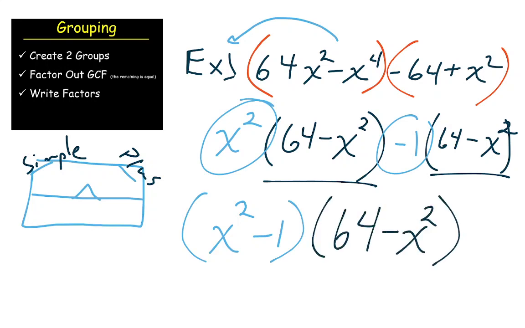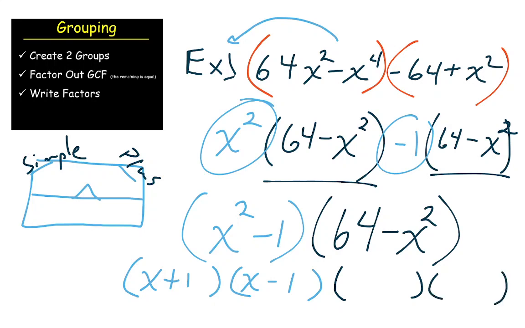Now, it just so happens that both these factors can be split up again. They are difference of squares. What's a difference of squares? Well, it's when you have perfect squares and a minus sign, which you can split into a plus and minus sign. Same thing's happening here.